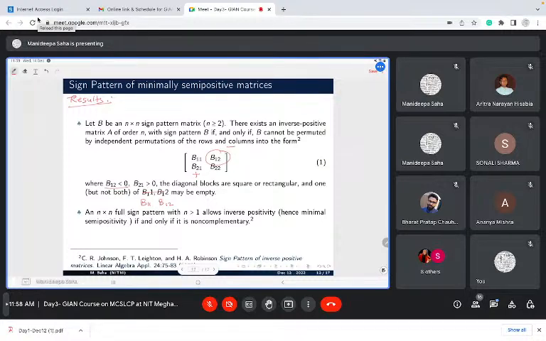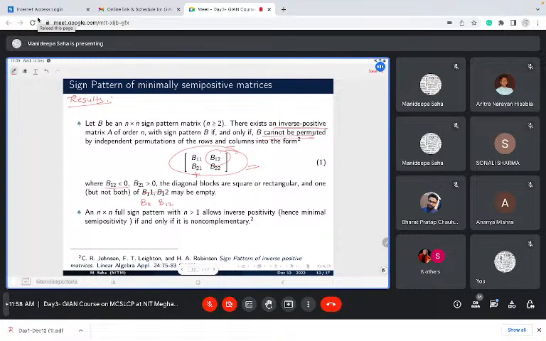I'm saying that because whenever we talk about an inverse positive matrix, we know its connection with the minimally semi-positive matrix, and that's the reason this has been written. This sign pattern I have written is a complementary sign pattern, so B is not non-complementary.